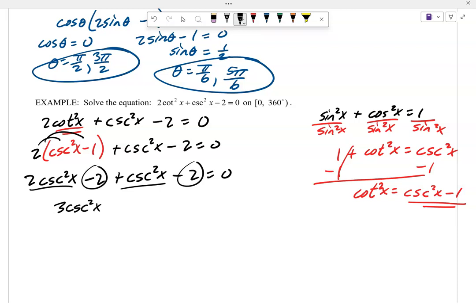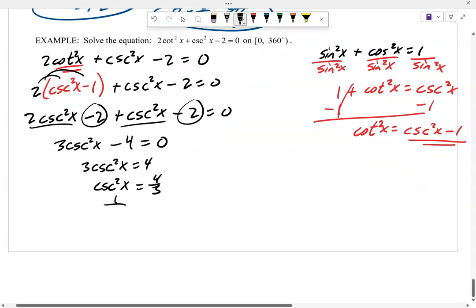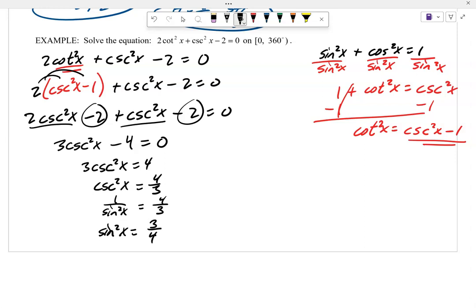Minus 2, so minus 4 equals 0. Let me add 4 to both sides. We divide by 3 on both sides. And remember, cosecant squared is 1 over sine squared. And so sine squared would be 3/4.